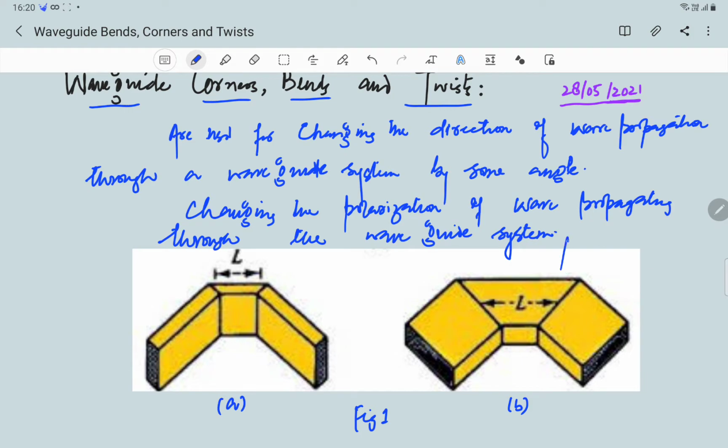say for example we have this as our waveguide. Let me draw a waveguide somewhere. Let us say for example we have this as our waveguide, a rectangular waveguide. This is, say for example, 1, 2.